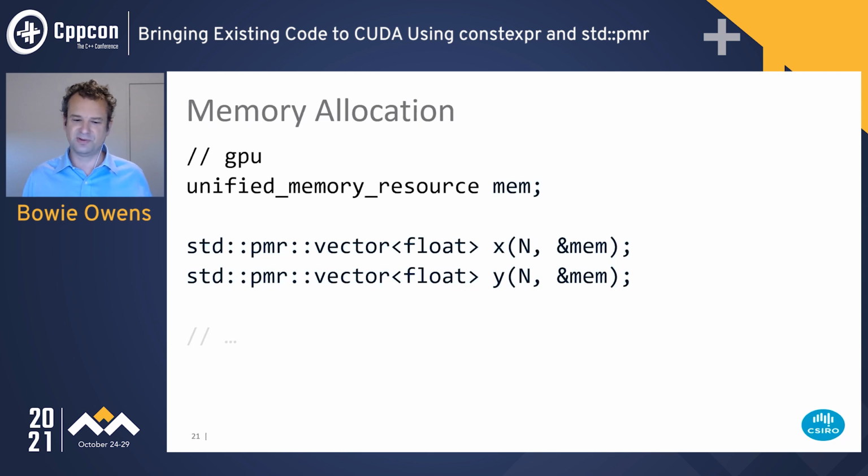So the elements of the vector are going to be accessible both to the CPU and GPU, but the objects themselves, X and Y, are going to be allocated on the stack. That means that the objects themselves are inaccessible to the GPU, which is something that we want to avoid.